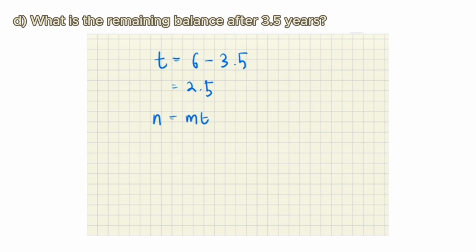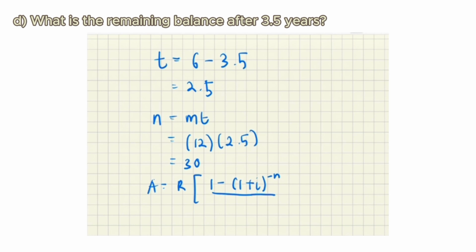So next we calculate the new number of payments left, which is 12 times 2.5, which equals 30. Now we use the present value formula for an ordinary annuity to calculate those remaining 30 payments. We just substitute all the information we have: the monthly payment, the number of payments, and I, the monthly interest rate.